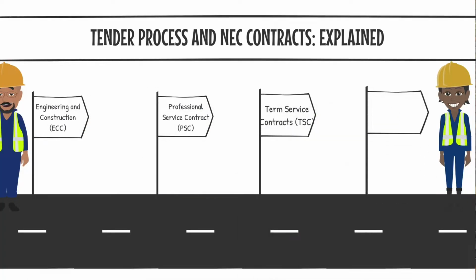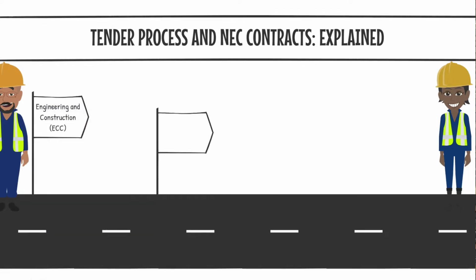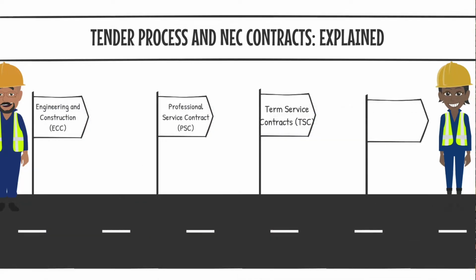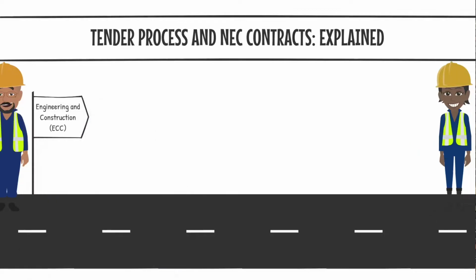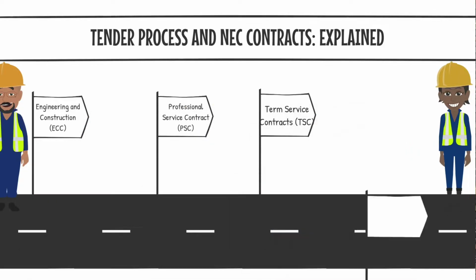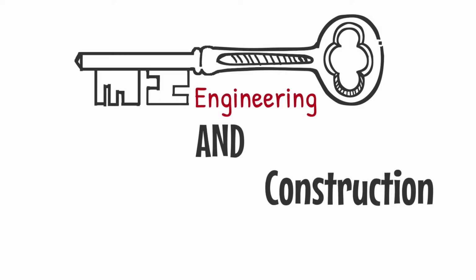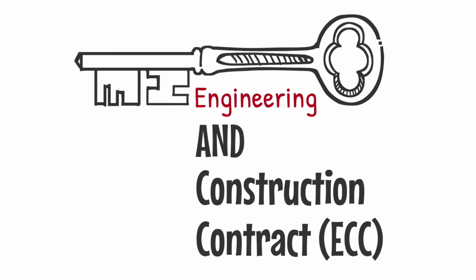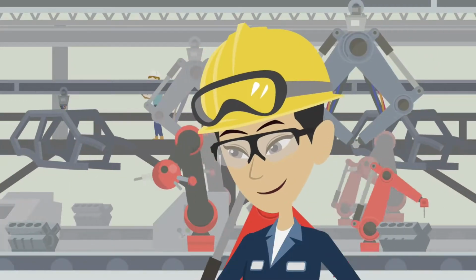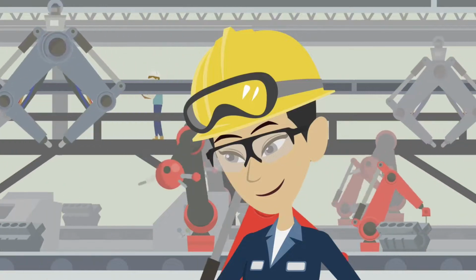right? We go through each of the contracts in choosing which contract will go for which scope. We will look into the engineering construction contract, right? So the engineering and construction contract, it's mainly used for your main works, right?